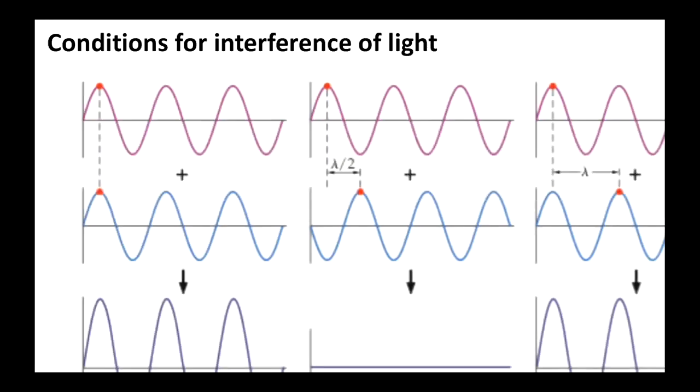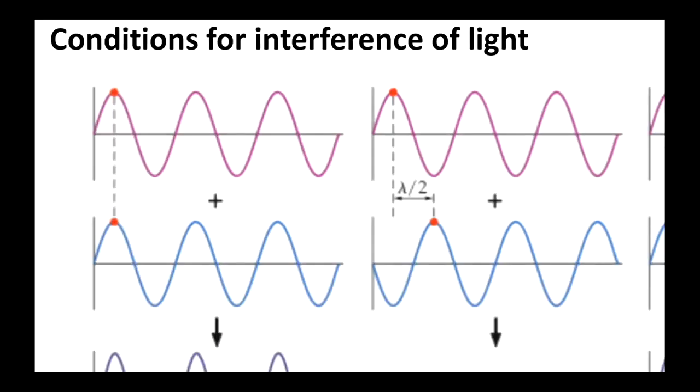Let's take a look at the top left. Notice they have a nice plus right there in between. These are 2 different sources of light waves that we're adding together. Notice in this particular case, when one of these peaks, at the exact same time, the other one peaks. And when this one peaks, at the exact same time, the other one peaks.